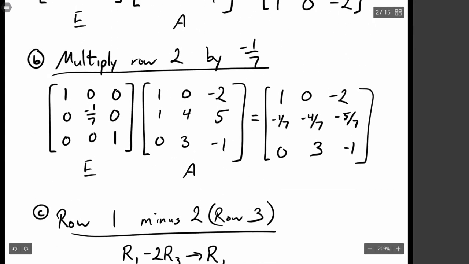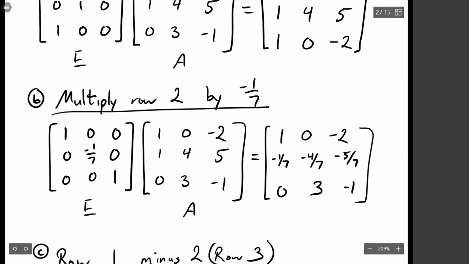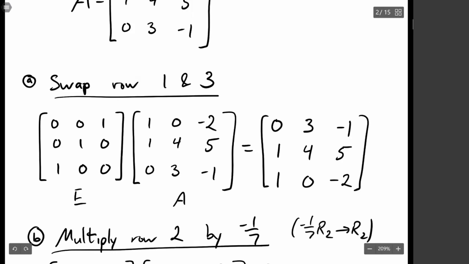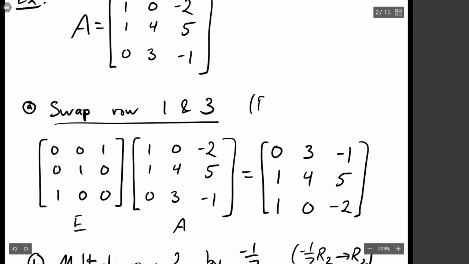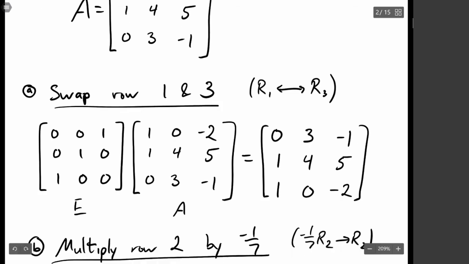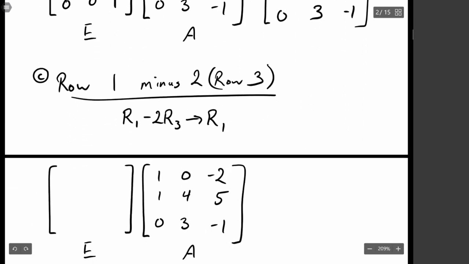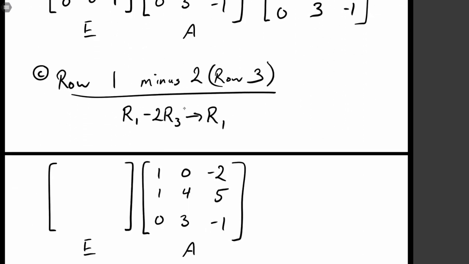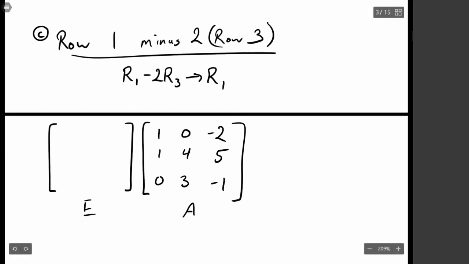Like here, this one is minus 1/7 row 2 goes to row 2, and this one here was row 1 swapped with row 3. Alright, so let's do this operation first on the identity matrix.